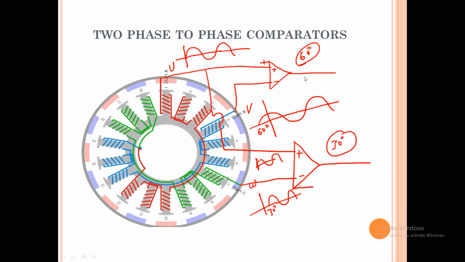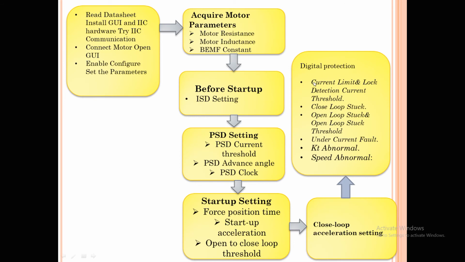Since the motor is still running, you are going to get phase differences, and it will directly execute the startup section. As you can see, this is the sequence we follow: if the motor is still running, jump directly to this one; if not, we follow this sequence.